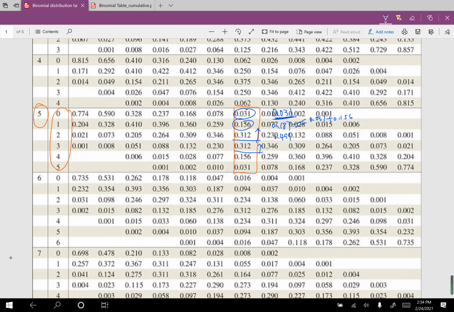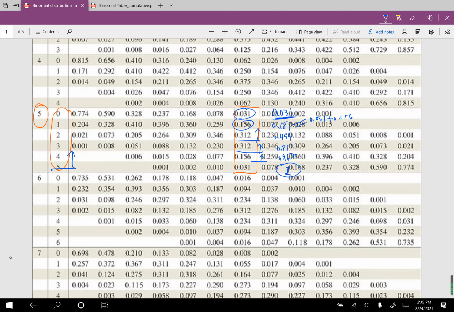Then up to x equals 3, so 0, 1, 2, 3 altogether, that is 0.499 plus 0.312 to give us 0.811, and then one more, 0.811 plus 0.156 is 0.967. For the last one, we use 0.967 plus 0.031. It's always going to be 1 because that's up to 5. The total probability added up together should be equal to 1.